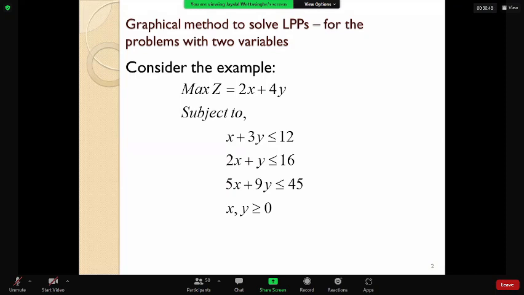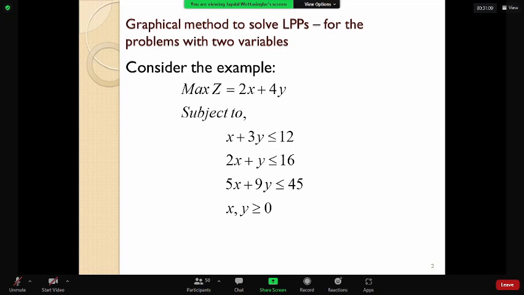To find another coordinate, you can substitute any other value for x, for example x equals 5. Then we get the corresponding y value, which is the other coordinate. So we will have two coordinates. You can find any number of coordinates by substituting values for a variable.